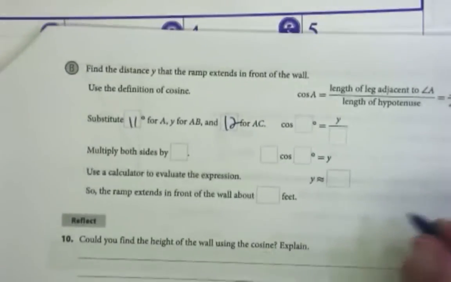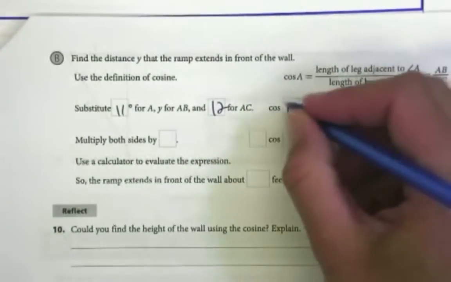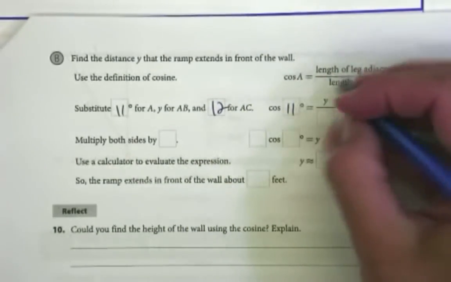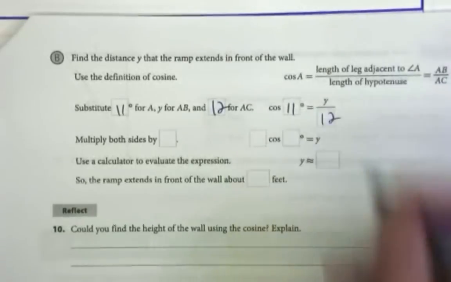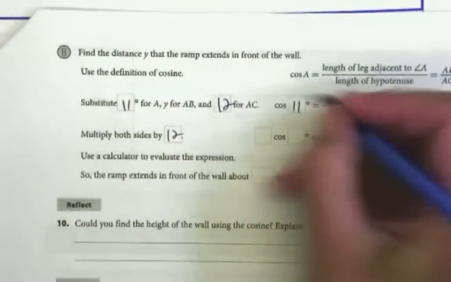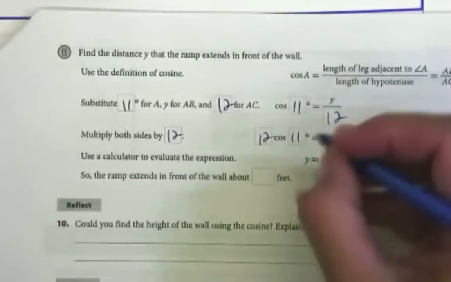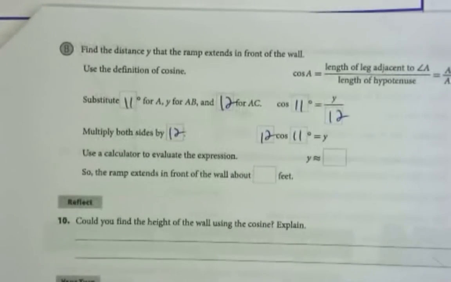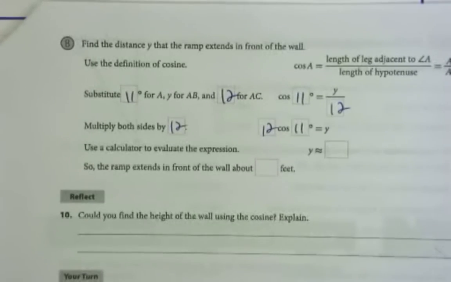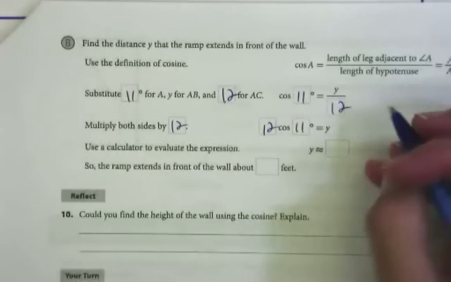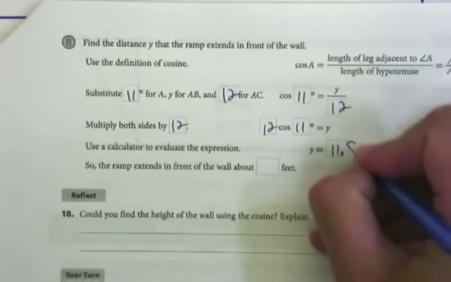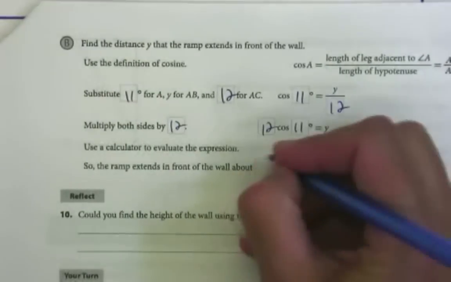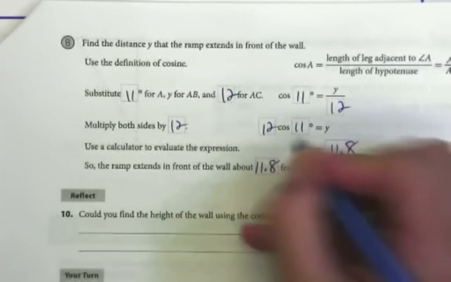So cosine of 11 equals y over 12. Multiply both sides by 12, and I have 12 times the cosine of 11 equals y. And in my calculator, when I multiply 12 times the cosine of 11, I get approximately 11.8. So the ramp extends in front of the wall about 11.8 feet.